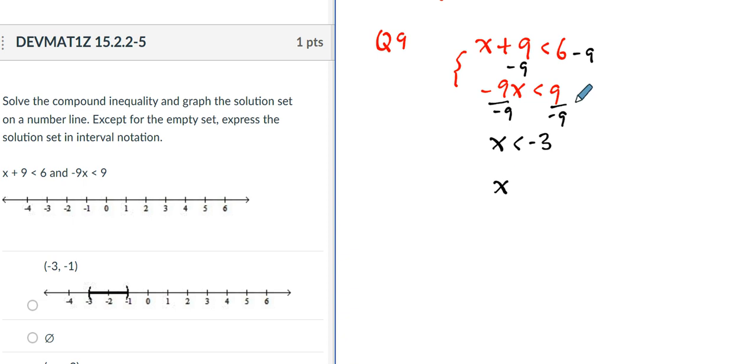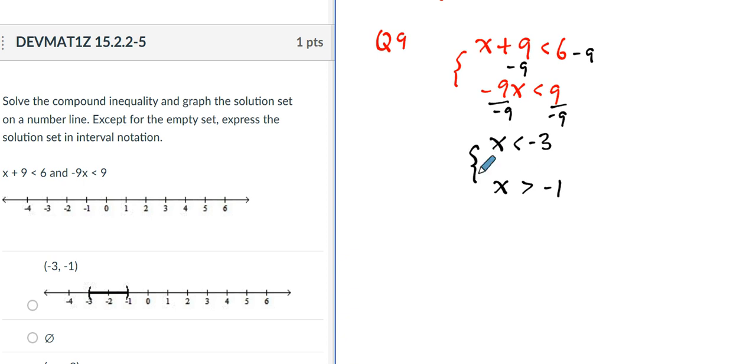Remember, when you multiply or divide by a negative number, you have to switch the inequality sign from less than to greater than.